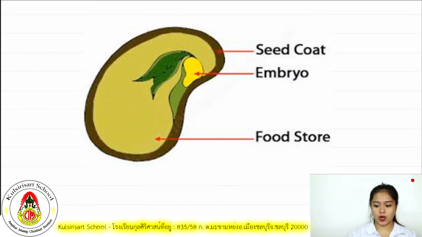The embryo is the part of the seed that contains the earliest stage of a plant's roots, stem, and leaves. The next part of the seed is the food store. The food store is where the food is stored. Did you get it? Very good.